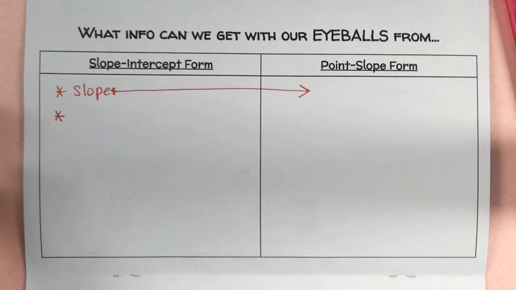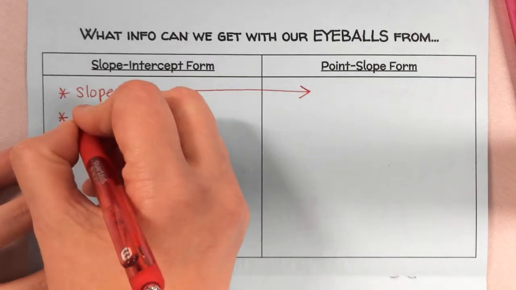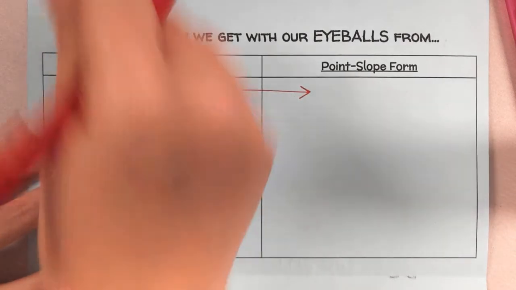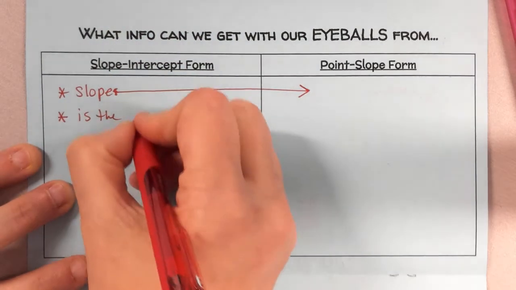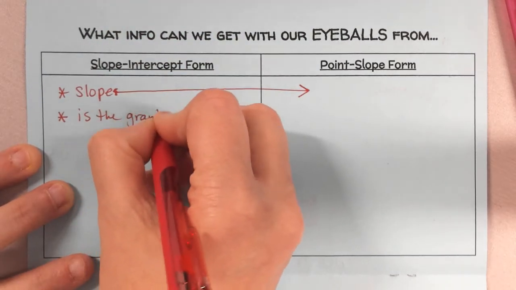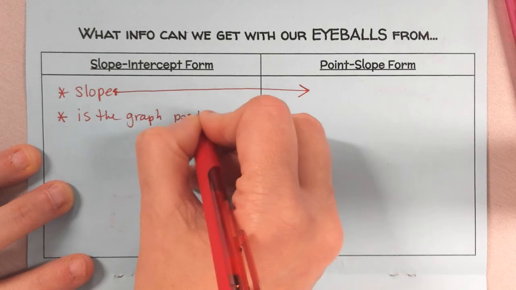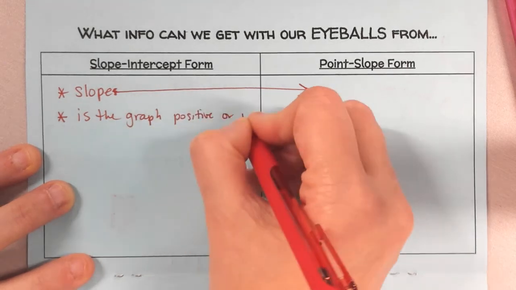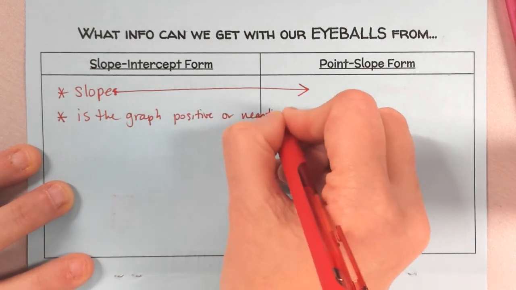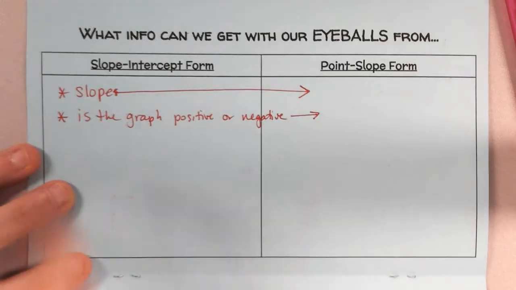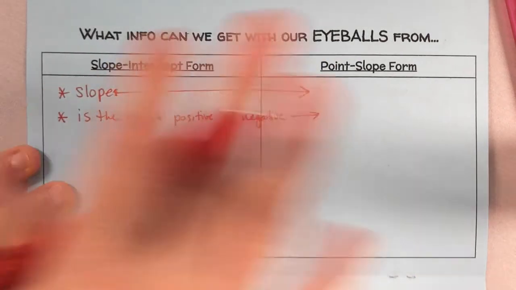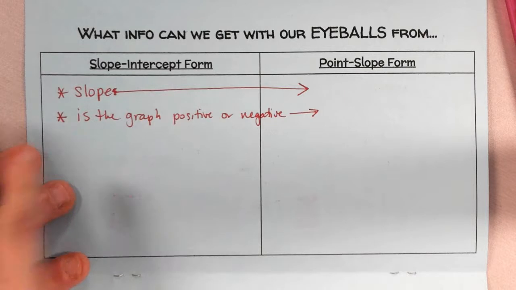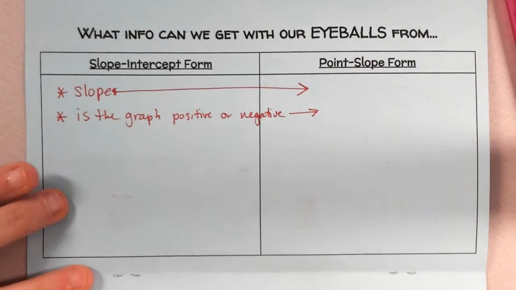When I look at the slope, I can tell whether the graph is positive or negative. And that's for both slope-intercept and point-slope form. I can tell what the slope is, and I can tell if it's positive or negative.